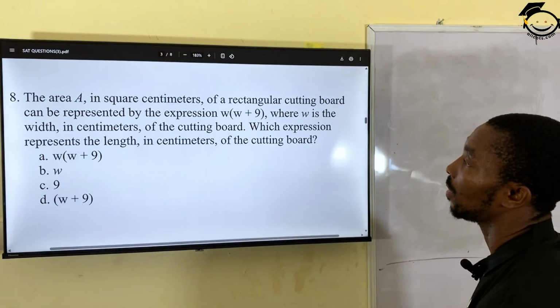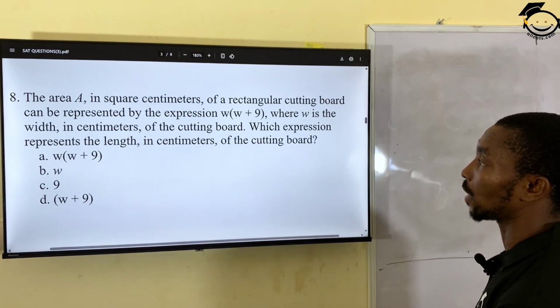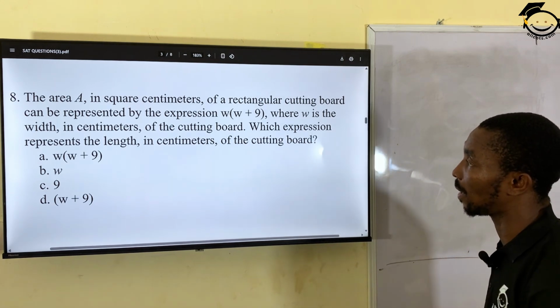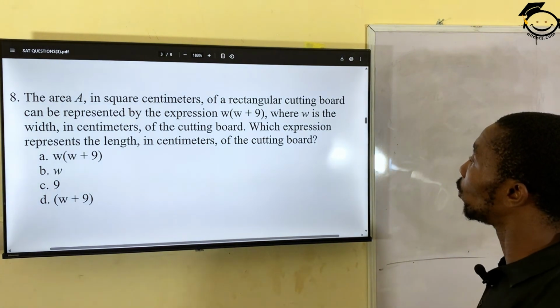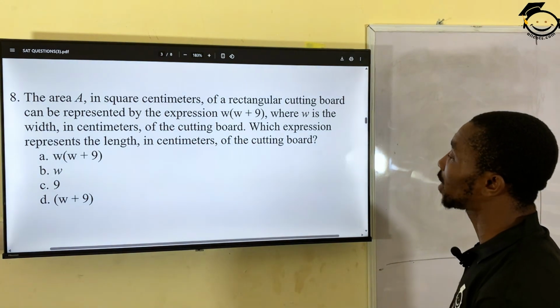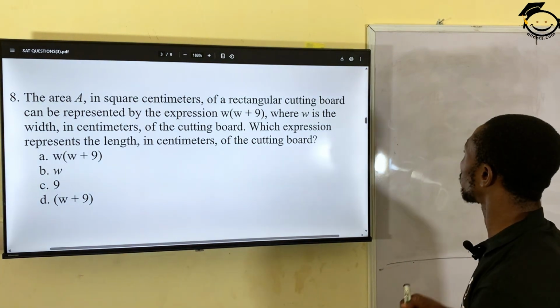The area A in square centimeters of a rectangular cutting board can be represented by the expression W bracket open W plus 9 bracket close, where W is the width in centimeters of the cutting board. Which expression represents the length in centimeters of the cutting board?